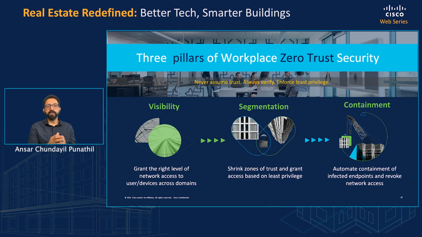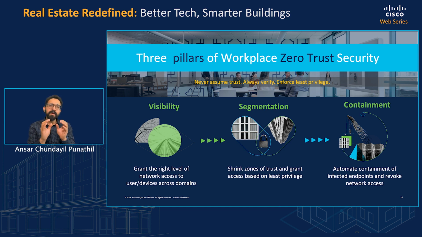Even with stronger security measures, threats can still emerge. A key principle of zero trust is the ability to contain that threat quickly as well as effectively. This might involve isolating compromised devices, limiting some network access, and also quarantining them for further investigation.